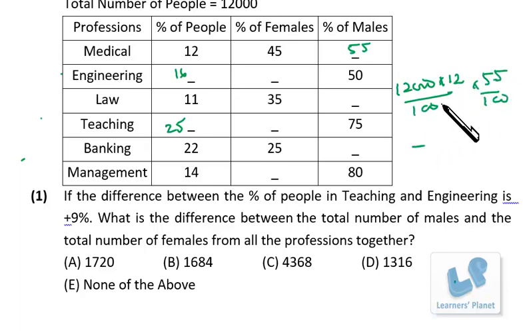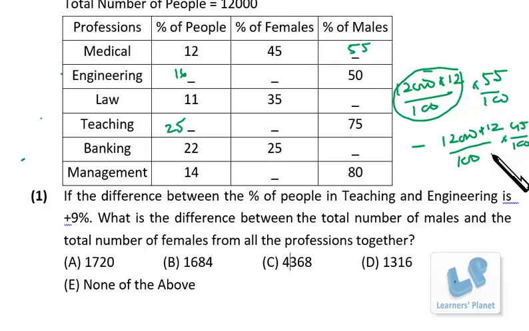Minus from this, 12,000, 12%, 12,000. Just for your understanding, I am writing it down, otherwise we will not write it for every step. 45 by 100. So that is the difference between males and females in medical.